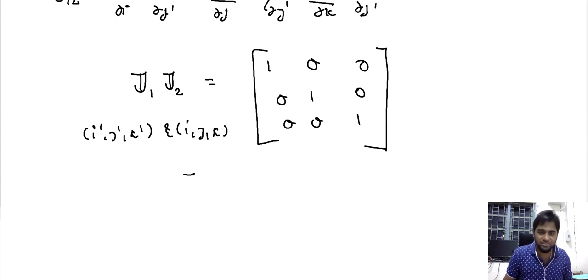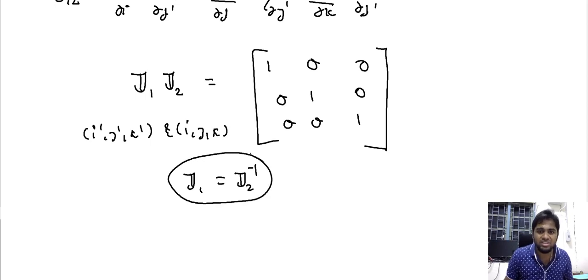Now it means J1 is the inverse of J2. So what essentially we have arrived at is not just for the known coordinate systems of R and theta, polar and Cartesian, where X and Y are well-defined coordinates.